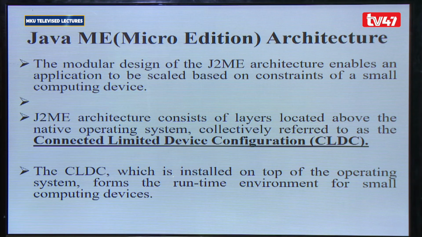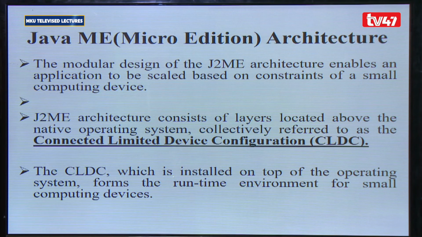It enables an application to be scaled based on the constraint of the computing device. Depending on how small your device is, Java, allow me to use Micro Edition, is able to scale it down depending on the size of the machine.